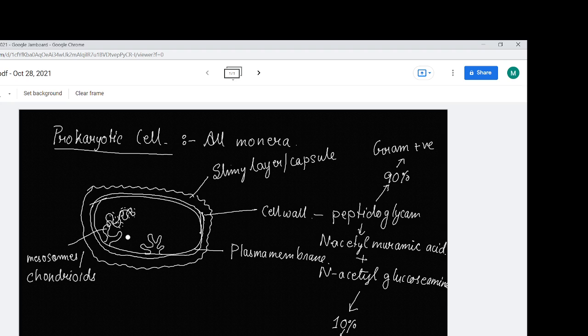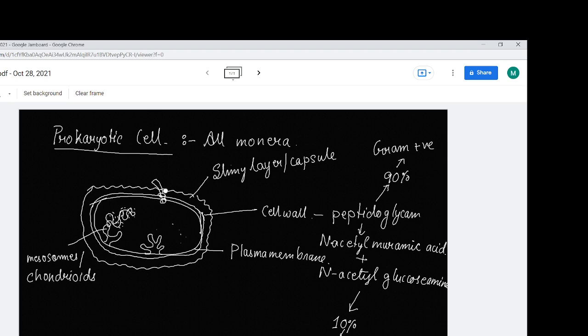Other than that, the bacteria also has a lot of chromatophores in it. For example, blue-green algae have chromatophore pigments. The bacteria also has cilia, flagella, and pili and fimbriae on its outer structure. If it is a flagella, we will observe that it will have a basal body and then a hook.